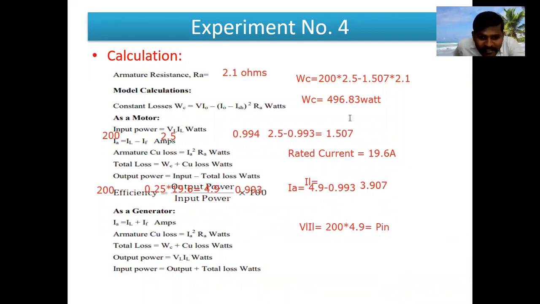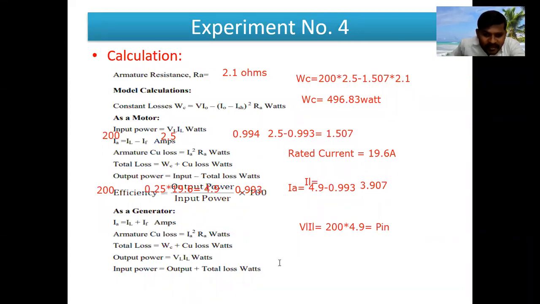नाव आर्मेचर करंट पण कॅल्क्युलेट केलेला आपण, किती आलेला आहे, 3.907 ना. राईट नो. Yes, sir. हा त्याच्यावरून कॉपर लॉस कॅल्क्युलेट करू शकतोय का आपण, IA² RA. IA स्क्वेअर आहे तुमच्याकडे, IA आहे आणि RA पण आहे.